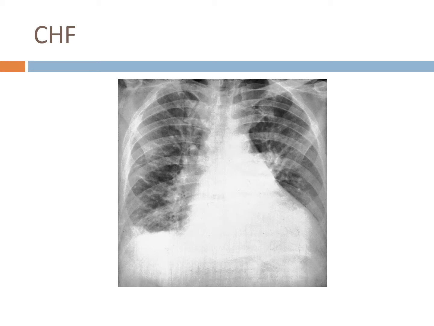So these lines are usually seen more so in the right base, and are generally less than 1 millimeter thick and approximately 1 to 2 centimeters in length. They are horizontal and start at the periphery, and then they extend into the lung approximately 1 to 2 centimeters.